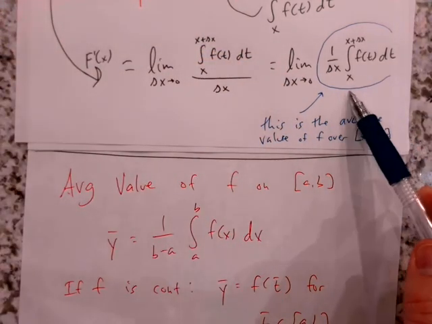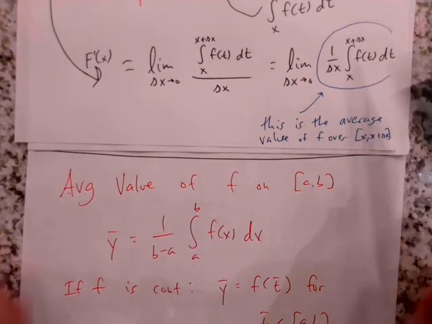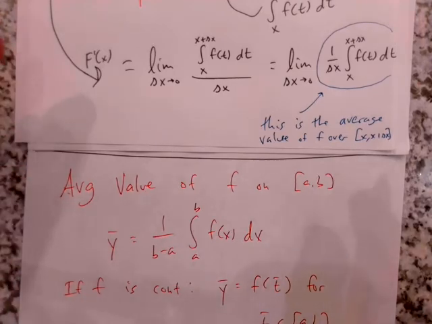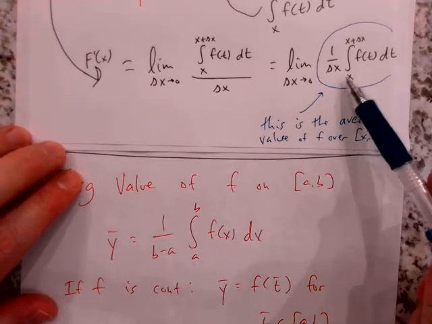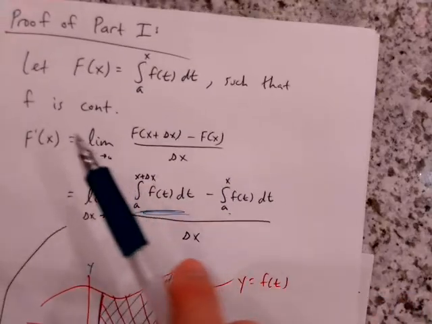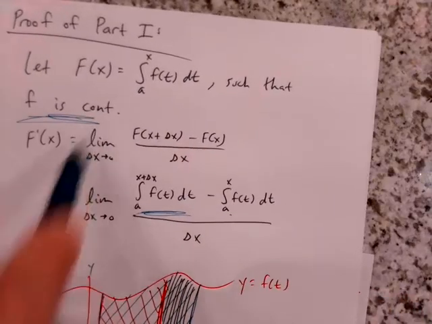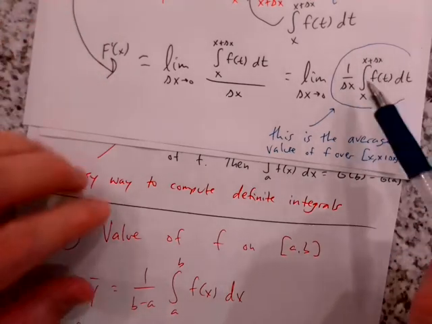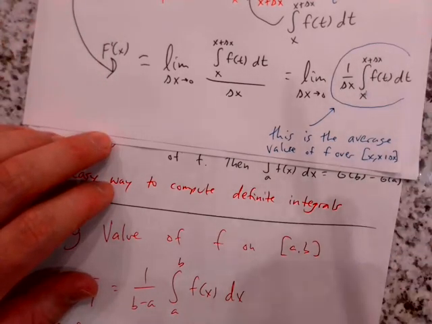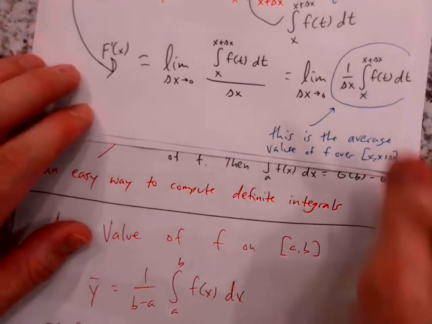So this is the average value, and this average value we'll call f of t bar, because since f is continuous, way back up here, it is guaranteed that our function f equals this average value at some point in the interval.